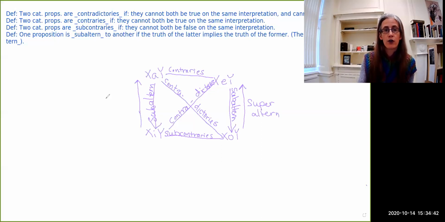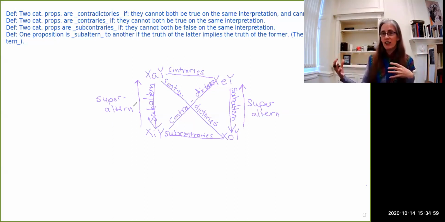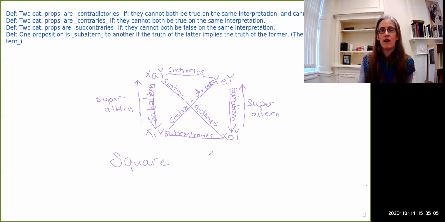The superaltern of an I claim is an A claim, and the superaltern of an O claim is an E claim. Look at this. It's a square, and it's talking about ways pairs of propositions can be opposed to each other, either in a contradictory relationship or a contrary or a subcontrary. We have the square of oppositions, as I promised you.